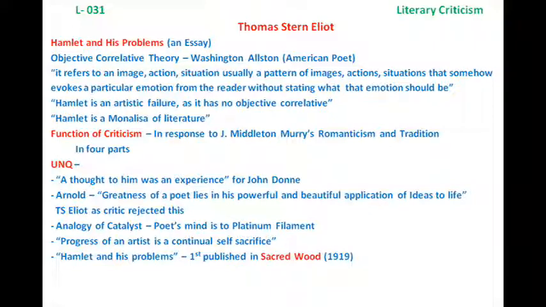In the essay Tradition and the Individual Talent, T.S. Eliot talked about the theory of the filament of platinum, and it is compared to the mind of the poet. Then, dissociation of sensibility: T.S. Eliot says John Milton and John Dryden are the masters of language but not of the soul.